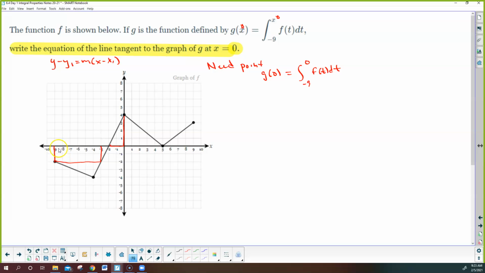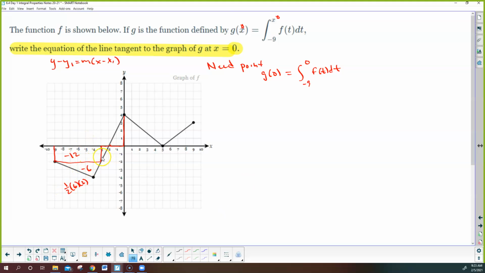So I'm going to do this as a rectangle, a 6 by 2, which is 12, but notice it's below, so that's a negative. And then this is a 6 by 2 triangle, which is 6, but it's below the x-axis, so that's negative as well.